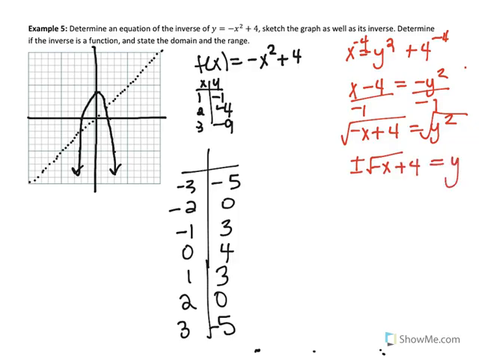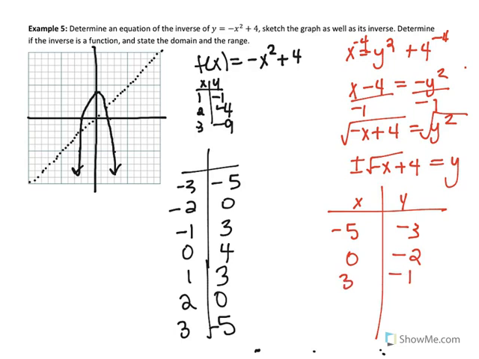So there is our equation. And when we plot this, we're just going to change the y values, so it's going to be -5 and -3, 0 and -2, 3 and -1, 4 and 0, 3 and 1, 0 and 2, and -5 and 3.